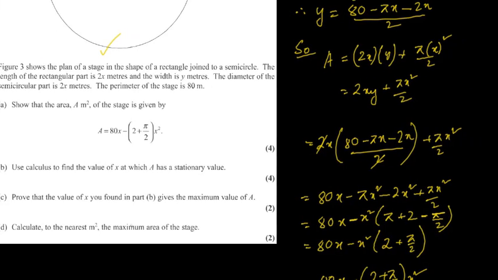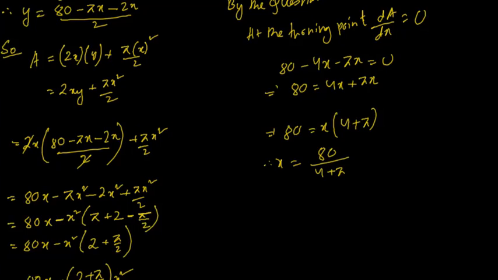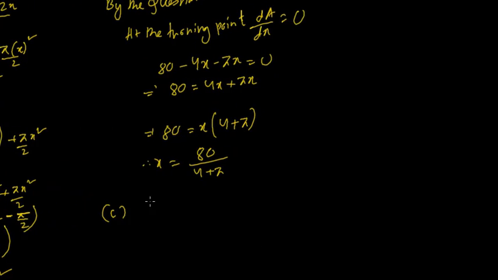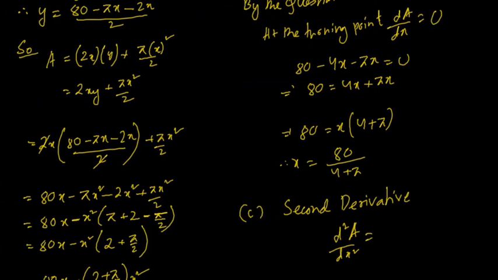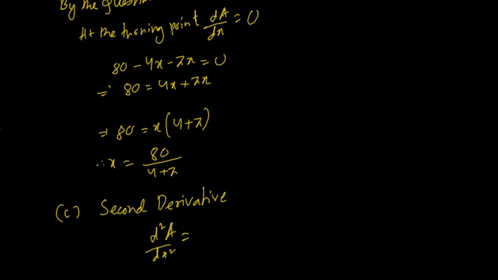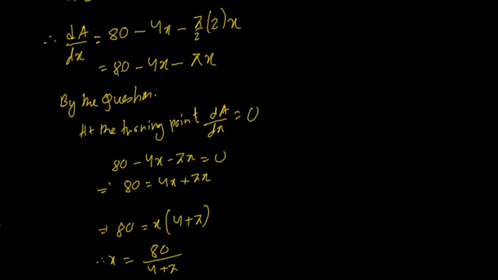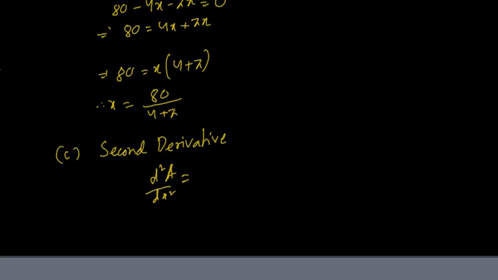Next question is, we have to prove that it is indeed a maximum value. So that means second derivative. Question C is the second derivative. So d2A by dx squared is, if we differentiate this, 80 would become 0, minus 4x would be minus 4, and minus pi x would be minus pi, because pi is a number, 3.14.